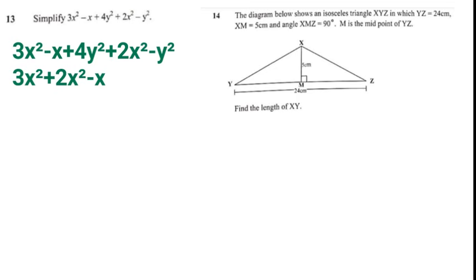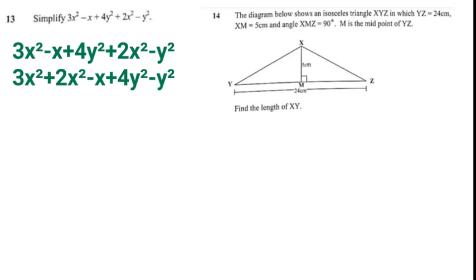Is there any term that has got x in it which is not squared? No, there is only x alone. So we're going to say plus 4y squared, then minus y squared. Once I've done that, we're going to evaluate those like terms.